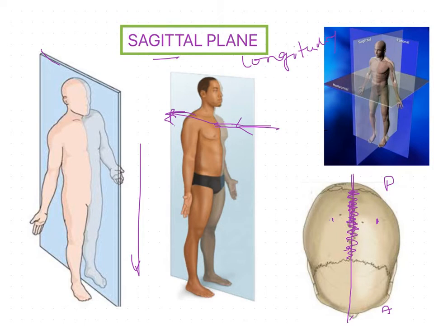Two identical means two equal halves, that is, right and left halves. So the body will get equal right and left parts.